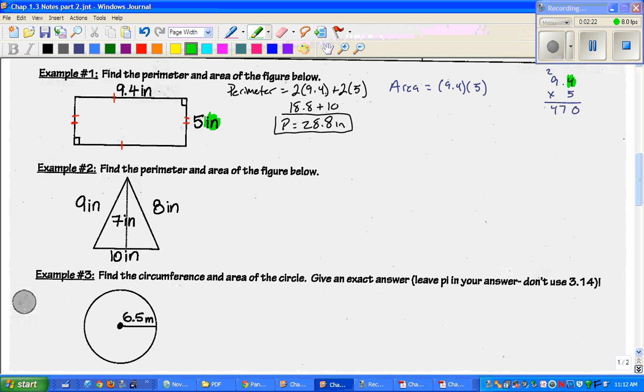And we have one number behind the decimal, so that 0 gets dropped. So our answer is area equals 47, and that's inches squared.